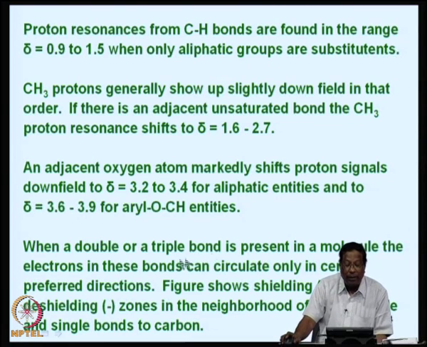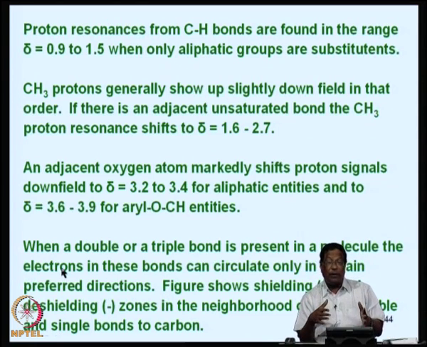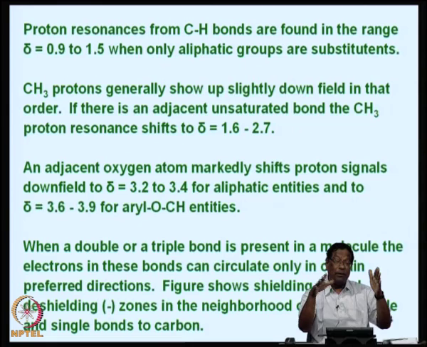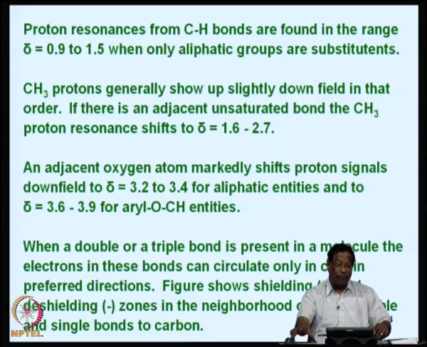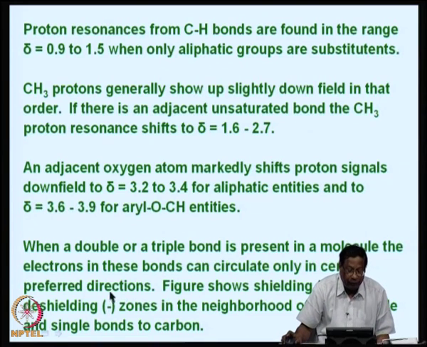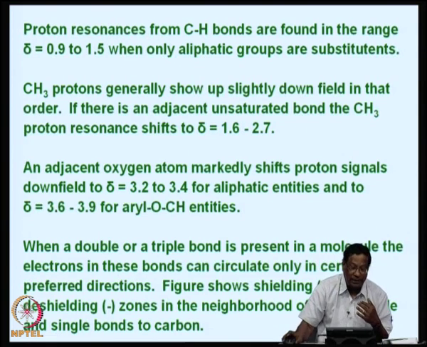Suppose there is a double bond or triple bond present in the molecule, the electrons in these bonds can circulate only in particular directions. A double bond is always parallel to the main axis, but the actual electronic orientation is perpendicular to that.